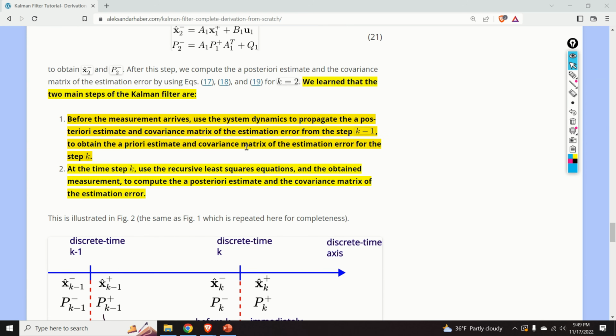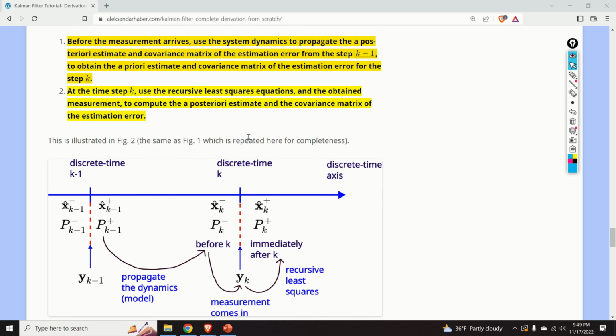So we learn that the two main steps of the Kalman filter are: 1. Before the measurement arrives, use the system dynamics to propagate the a posteriori estimate and covariance matrix of the estimation error from the step k-1 to obtain the a priori estimate and covariance matrix of the estimation error for the time step k. So this is the first step, propagation.